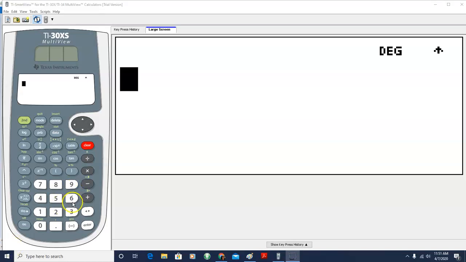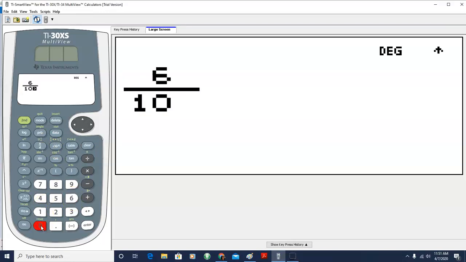So if we had to write it like that, we would say that our possibilities were 6 over 10. Multiple probabilities multiply. So I'm going to right arrow to get out of the fraction, hit my times.